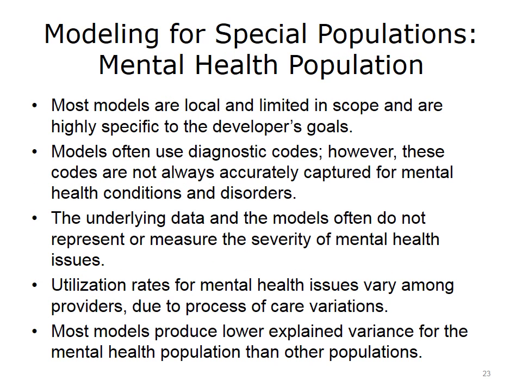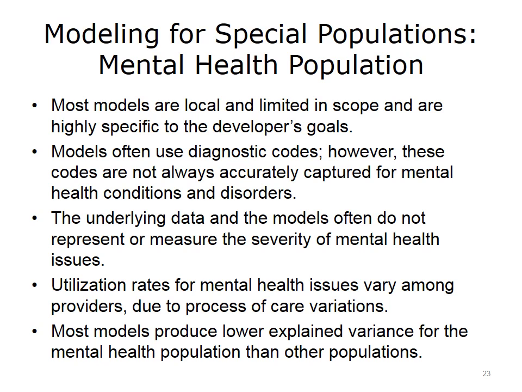Another special population that requires extra attention when developing predictive models is the population with mental health problems. In the mental health population, the following issues may affect the development of predictive models. Most models developed for this population are local and limited in scope, and are often highly specific to the developer's goals. Models usually use diagnostic codes.